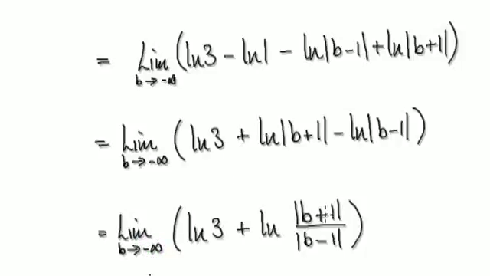As b heads towards negative infinity, b gets very negatively big, so this plus 1 here is negligible, and this minus 1 here is negligible. So you can think of it as being b over b, because as it gets very big, positive or negative, this plus 1 and this minus 1 are negligible.